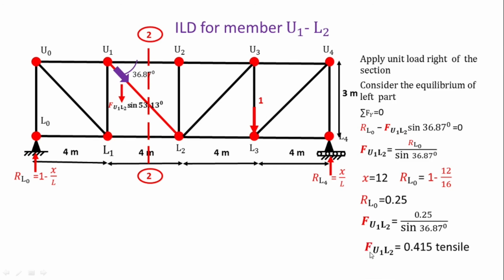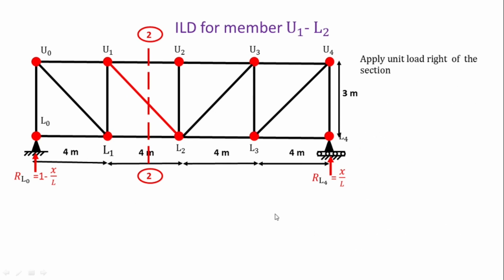So we got F U1 L2 is equal to 0.415. Again, this value is positive, which means what we assumed is correct: when the load is on L3, this member is subjected to tension, and that ordinate is 0.415.